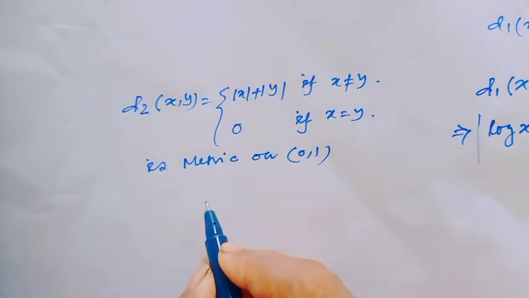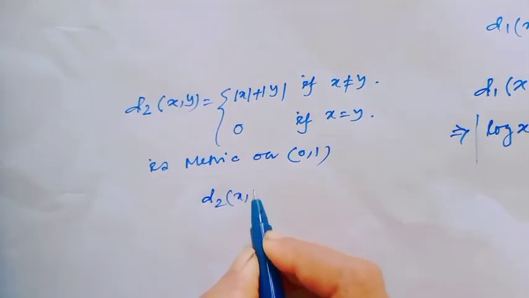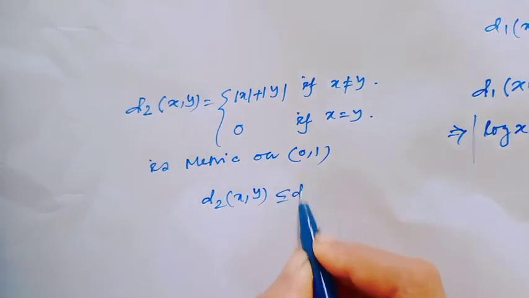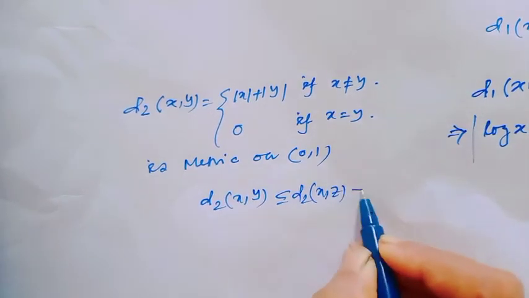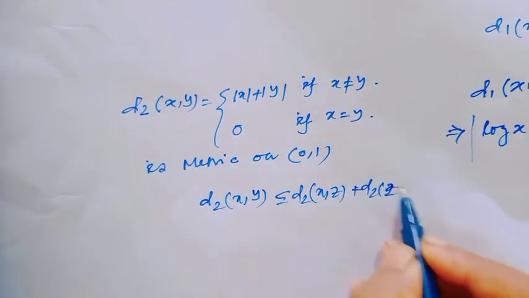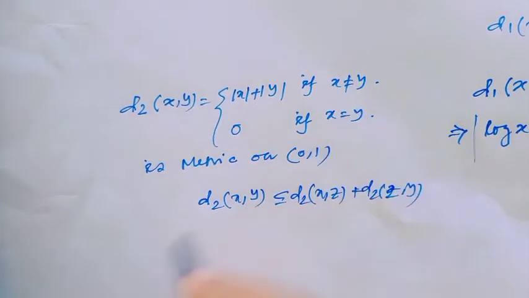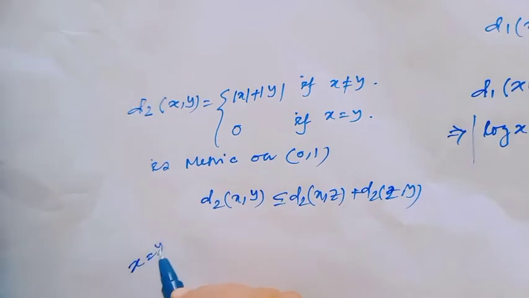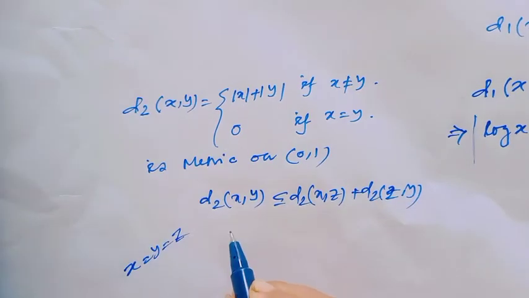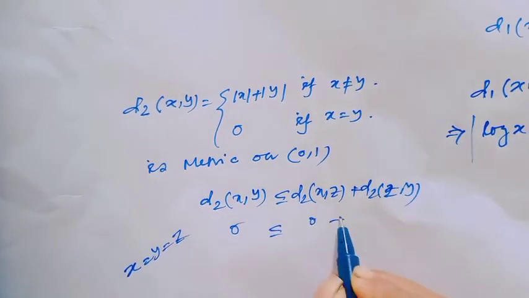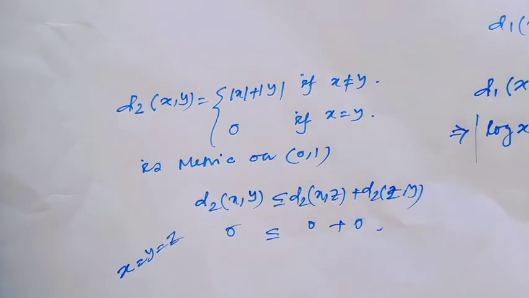We have to verify the actual property, the triangle inequality: d2(x,z) plus d2(z,y). For this, at first, since there are two conditions, consider x equal to y equal to z. Then obviously 0 is less than or equal to 0 plus 0, so this is trivial.